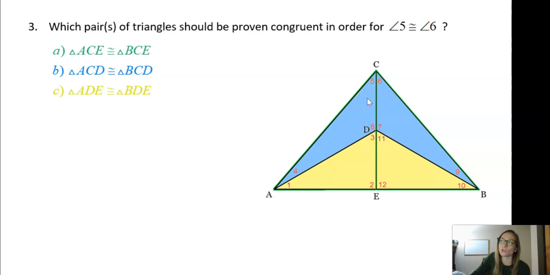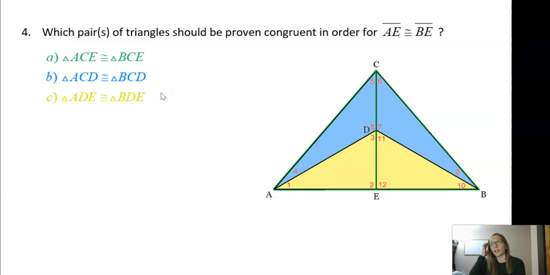So which other triangles are angle 5 and angle 6 a part of? Angle 5 and angle 6 are also a part of the green triangles, ACE and BCE. So this entire triangle here and this entire triangle here. If I prove this whole triangle congruent to this whole triangle, then I could say that angle 5 is congruent to angle 6 for sure because of CPCTC. So this or this would be acceptable.